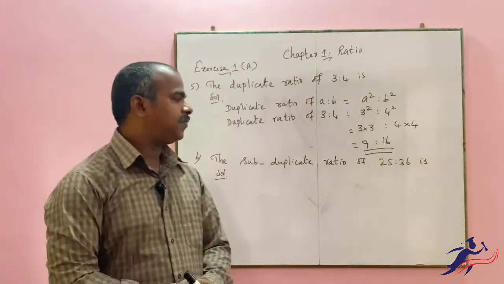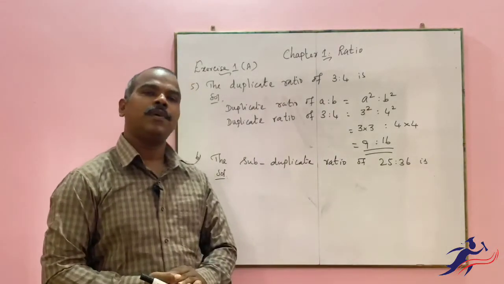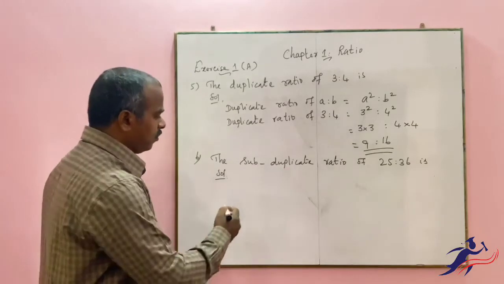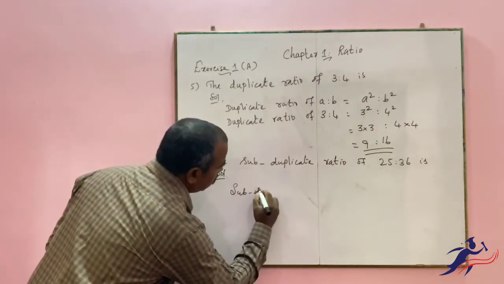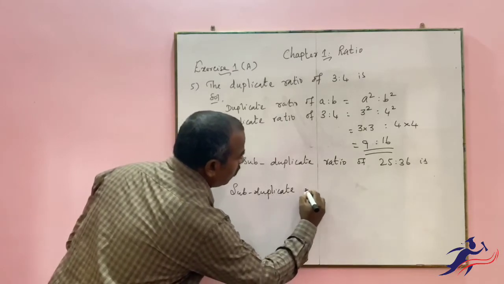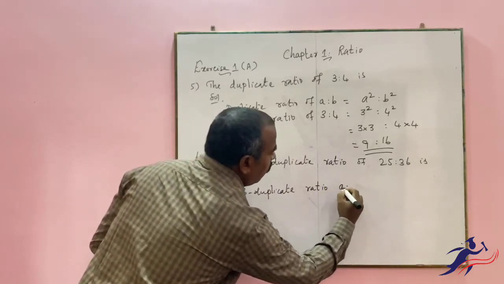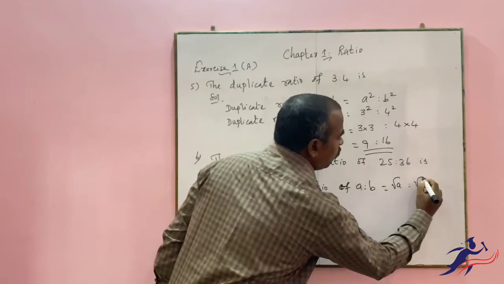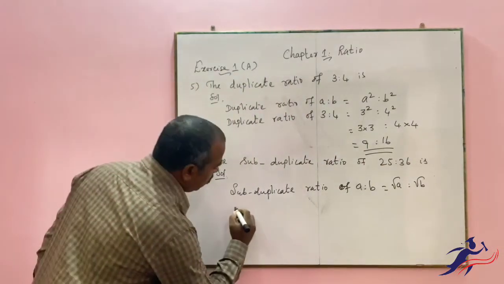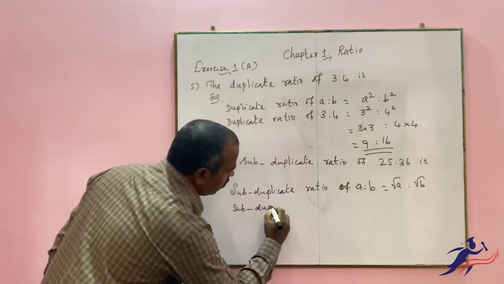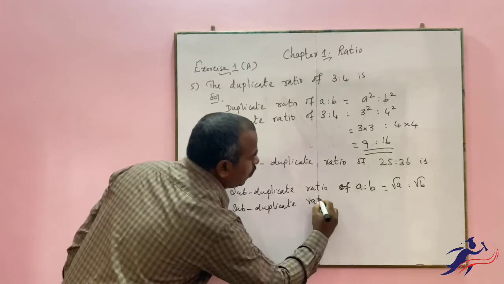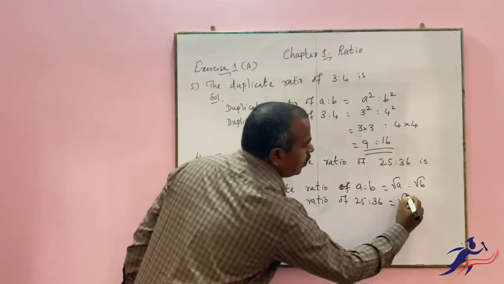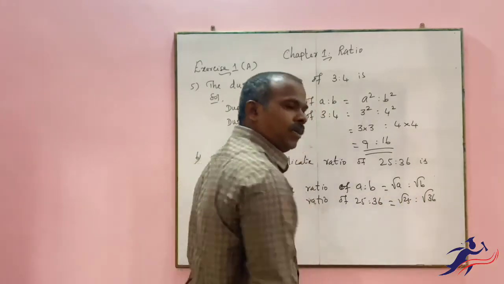So, we already studied the subduplicate ratio of A is to B is root of A is to root of B. That is subduplicate ratio of A is to B is root A is to root B. Therefore, subduplicate ratio of 25 is to 36 is equal to root 25 is to root 36.